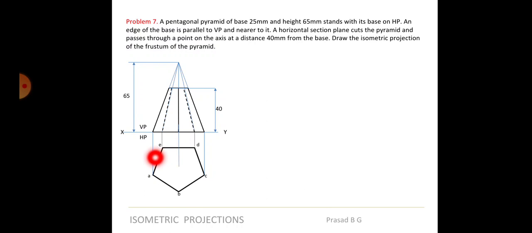So the base we know because it is given, it is 25, but the top face is nowhere given, whether it is 20 or 15 or whatever distance we get, we don't know. So we have to find it out geometrically, we have to do the drawing and only then find out how much it will be. So what will be the case now? You have to draw lines from these points, individual points.